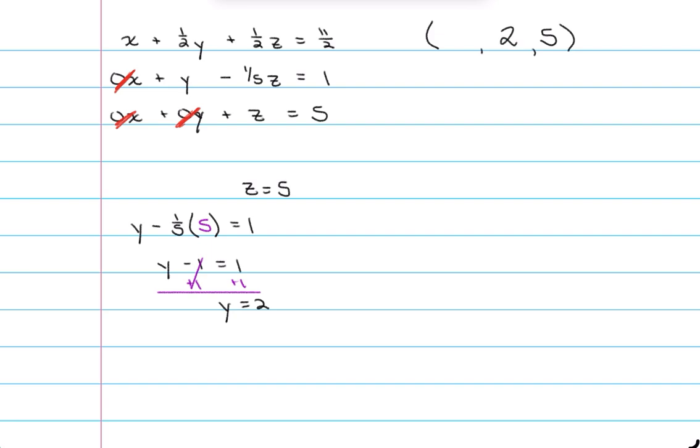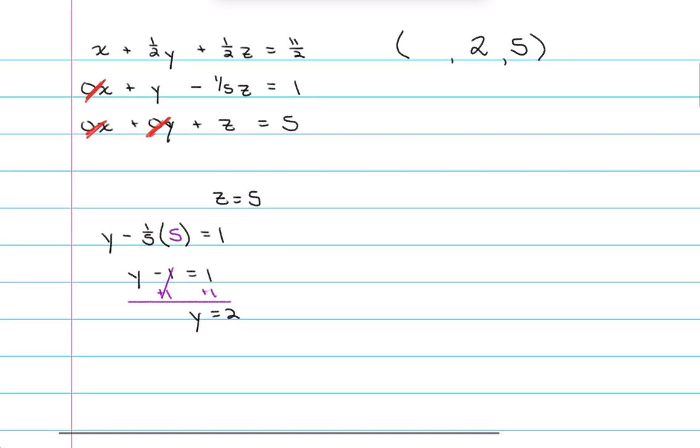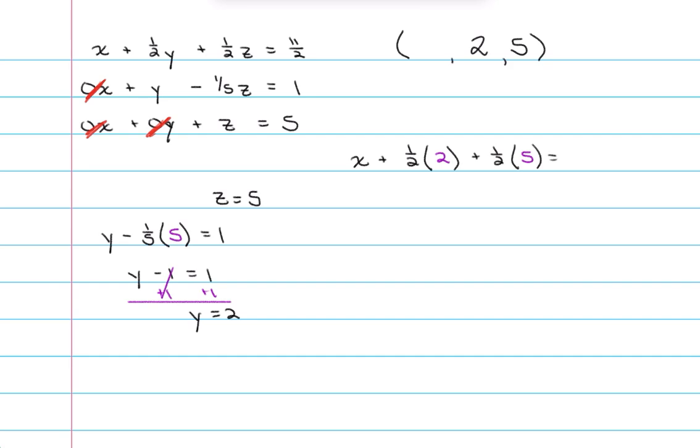So now all we have to do is take our z and our y and plug them into the top equation and solve for our x. So we will end up with x plus 1/2 times my y value, which is a 2, plus 1/2 times my z value, which is a 5, equals 11 halves.